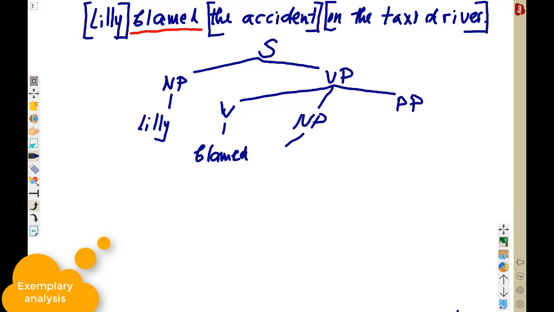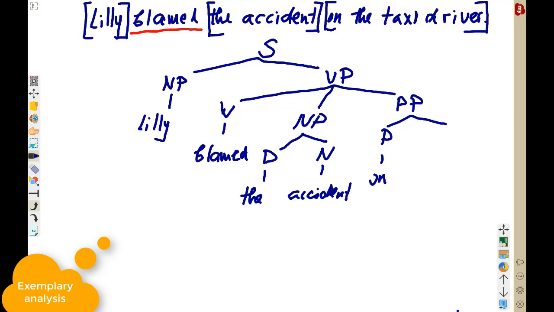Inside the noun phrase, we have a determiner, the, and the noun head, accident. Within the preposition phrase, we have the preposition head, on, which licenses a noun phrase. This noun phrase consists of a determiner and another noun phrase.